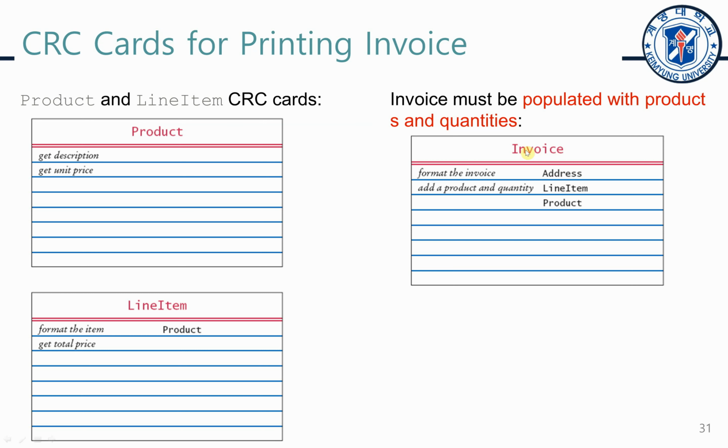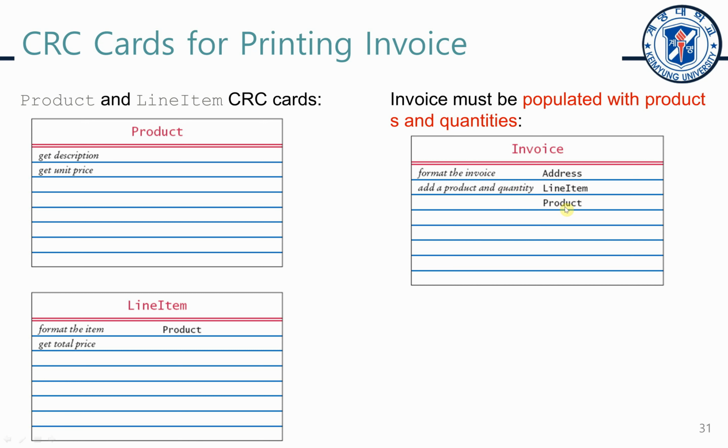Is it inheritance, or is it a has-a or uses-a relationship, or is it an is-a relationship that these classes have? You have to figure that out too. I think in this case invoice has an address class, uses the line item class, and uses the product class.